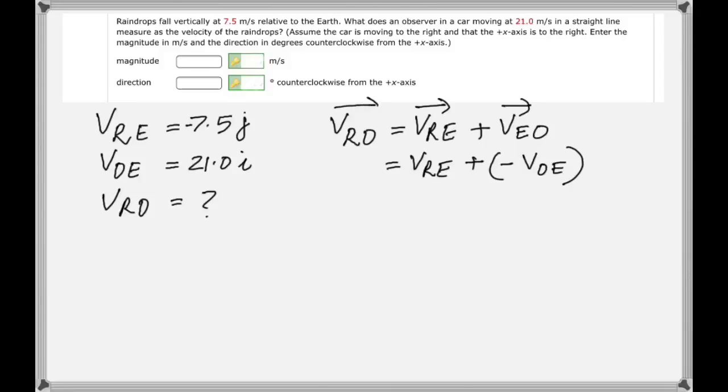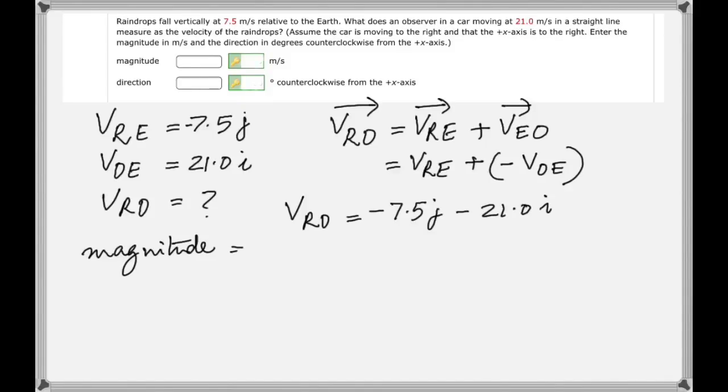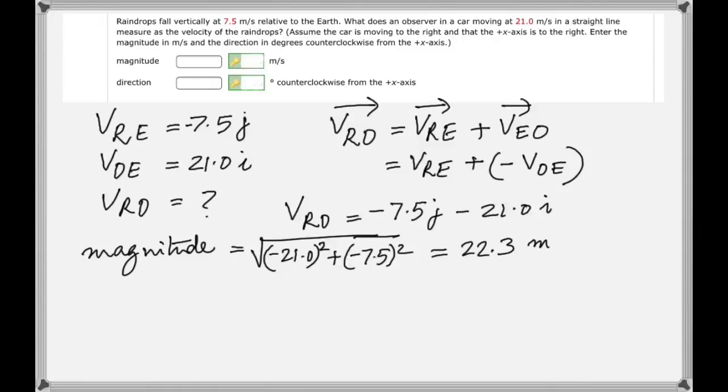So now all those are vectors, and when you substitute, you get that vector, and the magnitude, just like before, is the square root of the sum of the squares, which gives 22.3 meters per second.